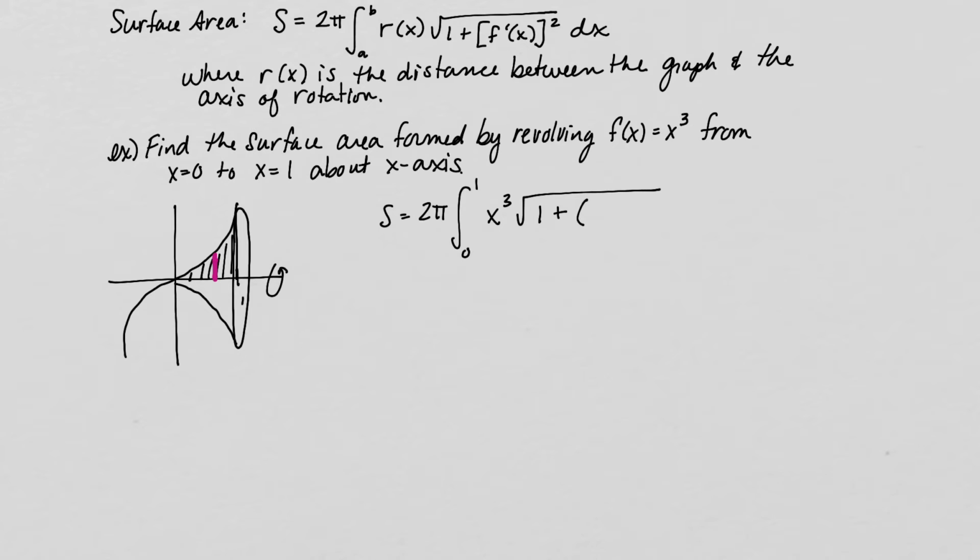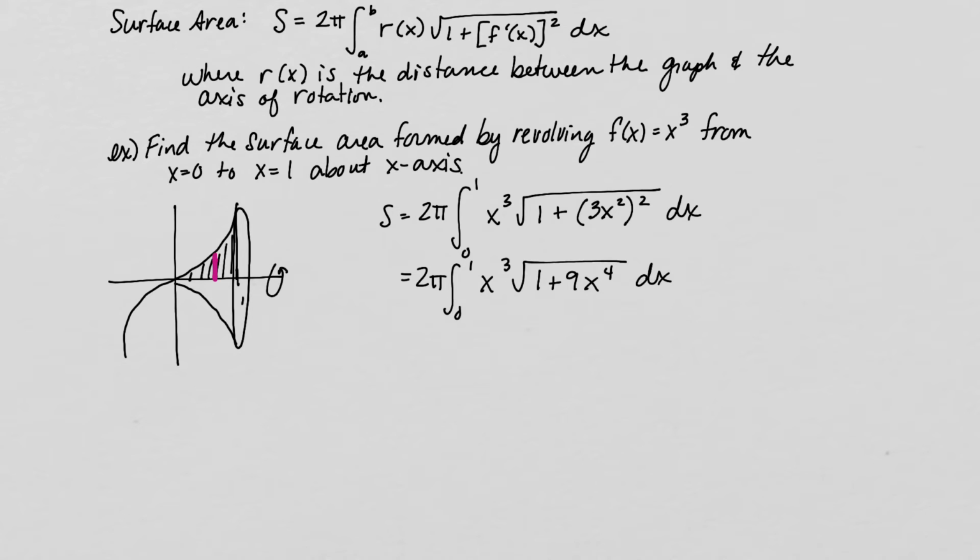So what's the derivative of x cubed? Yeah, 3x squared, dx. So we're looking at 2 pi times the integral from 0 to 1 of x cubed times the square root of 1 plus 9x to the 4th dx.